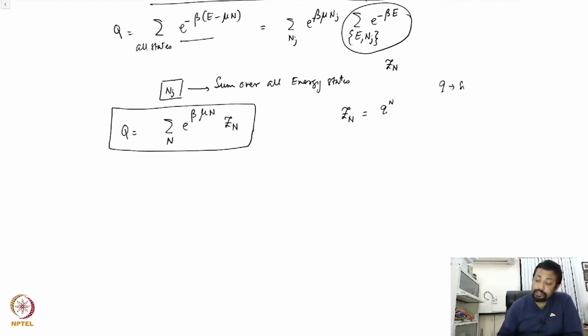Note, here is where I am changing the notation.